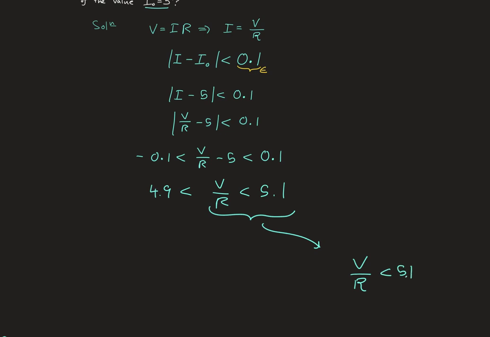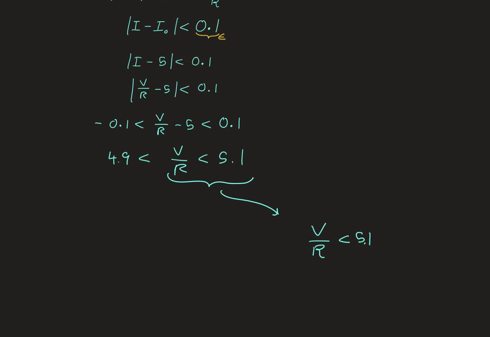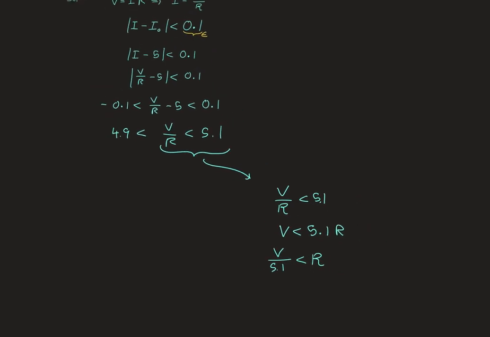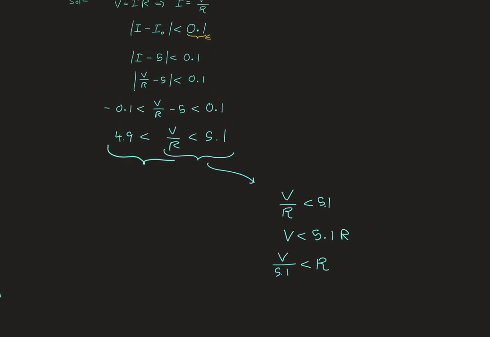I want R out of that denominator, so I'm going to multiply both sides by R, which is something we can do as long as R is not negative. And then divide both sides by 5.1. So we would have V divided by 5.1 is less than R. And let's see, how about this one right here? Let me box that. That's really important.